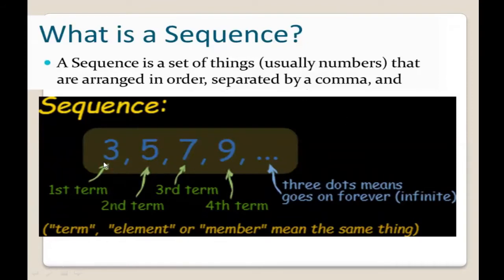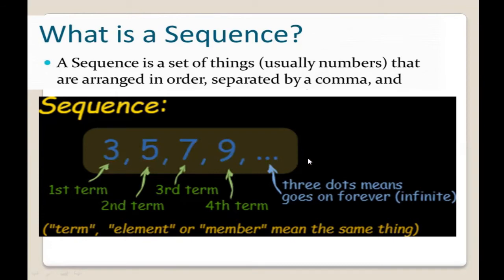You can check. We have written some numbers here: 3, 5, 7, 9, and between every number there is a comma, and you can see so many dots.